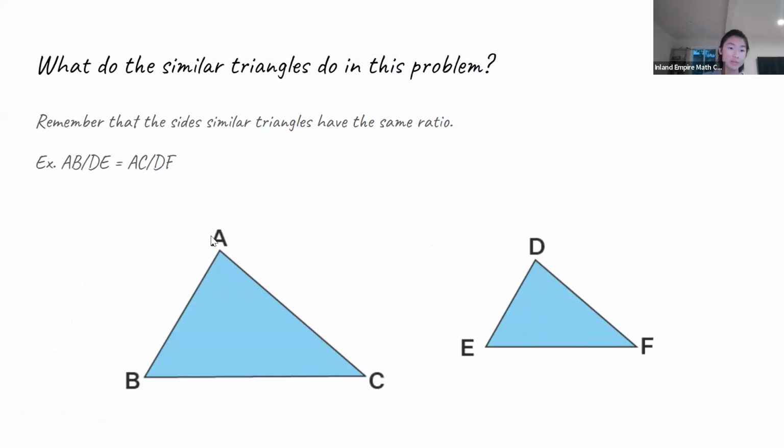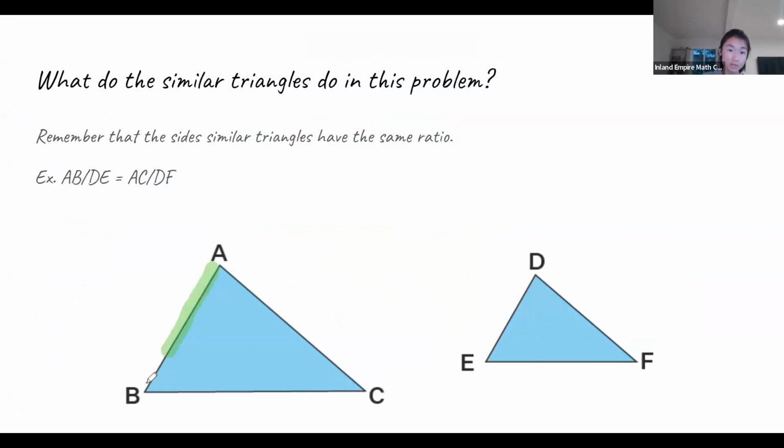So side AB here, I'll do a little annotation. Side AB divided by DE will be equal to side AC divided by DF. So the ratio of this side divided by this side is the same as this side divided by this side.